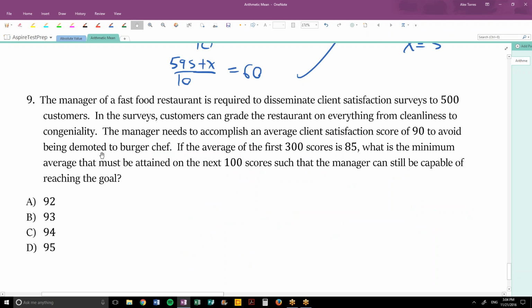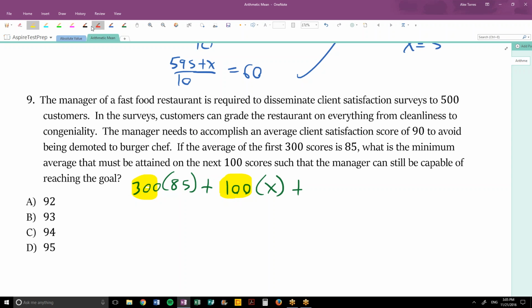Number 9. The manager of a fast food restaurant is required to disseminate client satisfaction surveys to 500 customers. We need to accomplish an average score of 90 to avoid being demoted to burger chef. The first 300 scores had an average of 85. Then we need to know what is the average for the next 100 scores. So we have 100 scores with some unknown average. Notice that that brings us up to 400 scores because we have 300 so far plus 100.